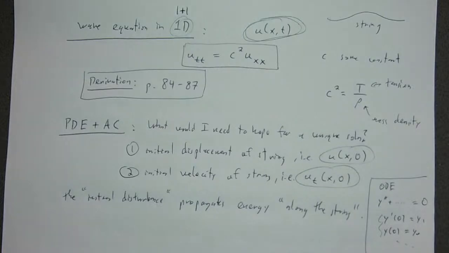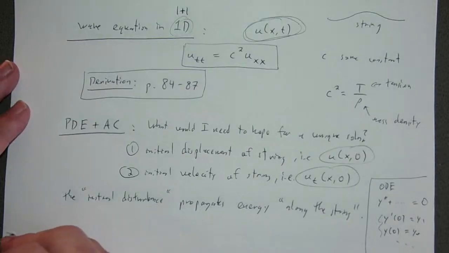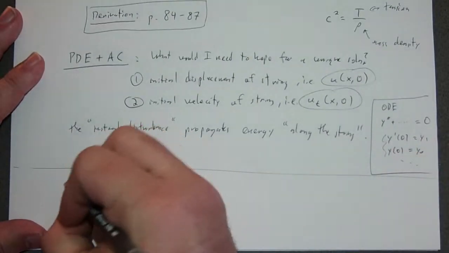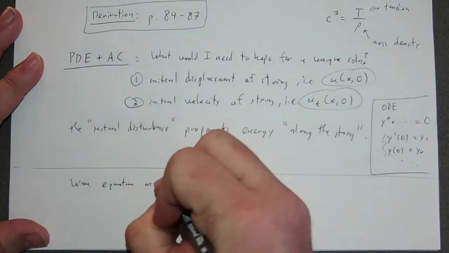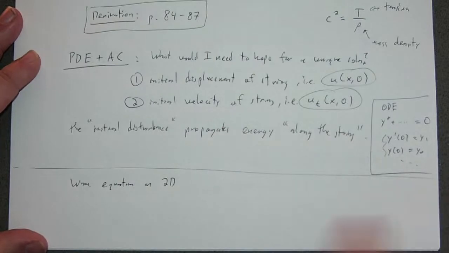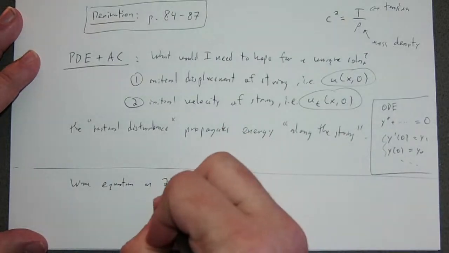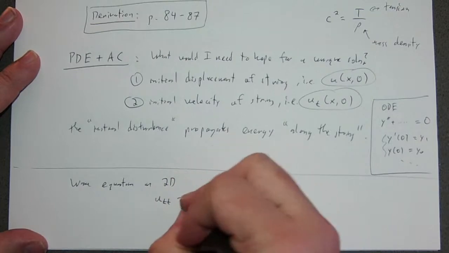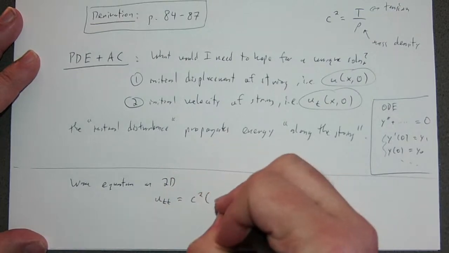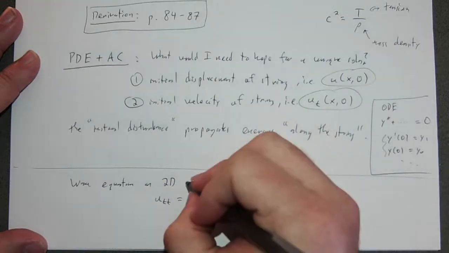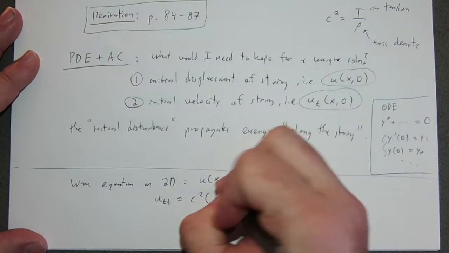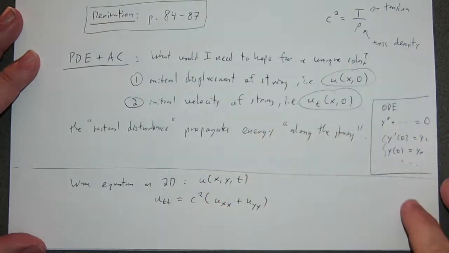A couple things I'll say. First of all, before we move on, what is the wave equation in 2 and 3 dimensions? The wave equation in 2D is u sub tt equals c squared times (u sub xx plus u sub yy). Here we are going to seek a solution u of x, y, t.